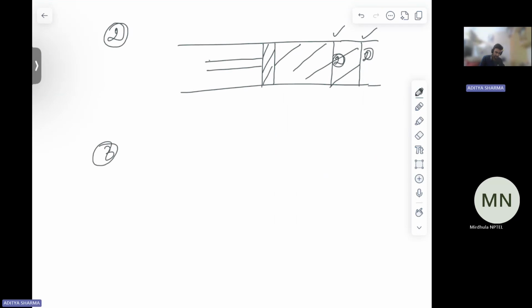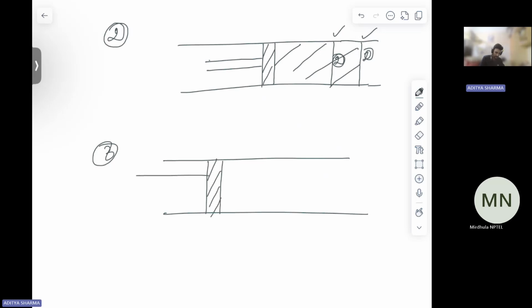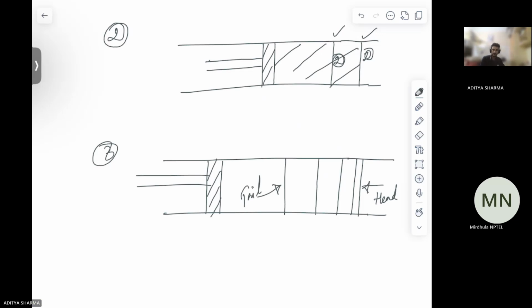Now, if we have a piston which we are moving from rest, the scenario will be like this of compression waves. You'll have a series of compression waves like this. This you call the head, and this you call the tail.